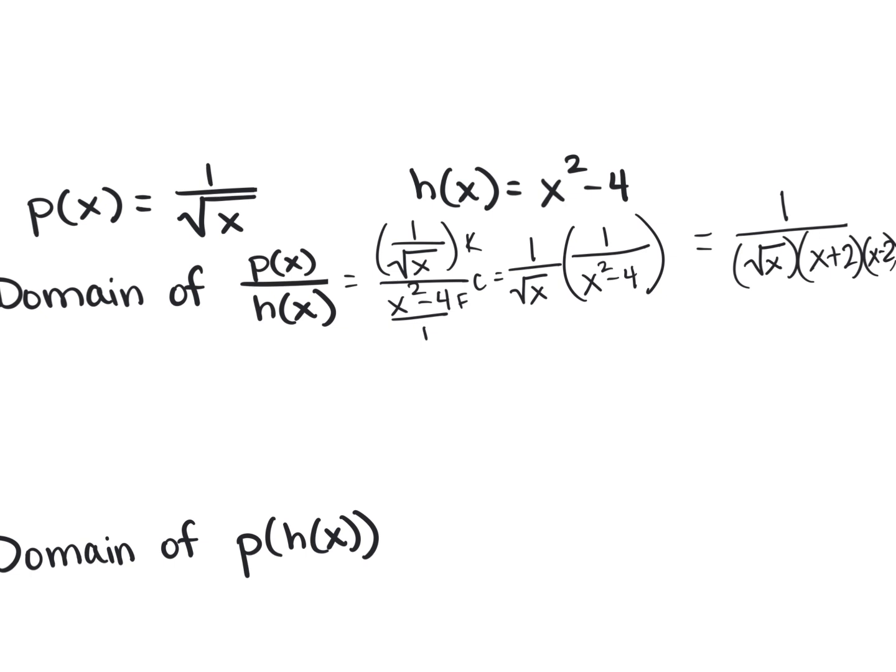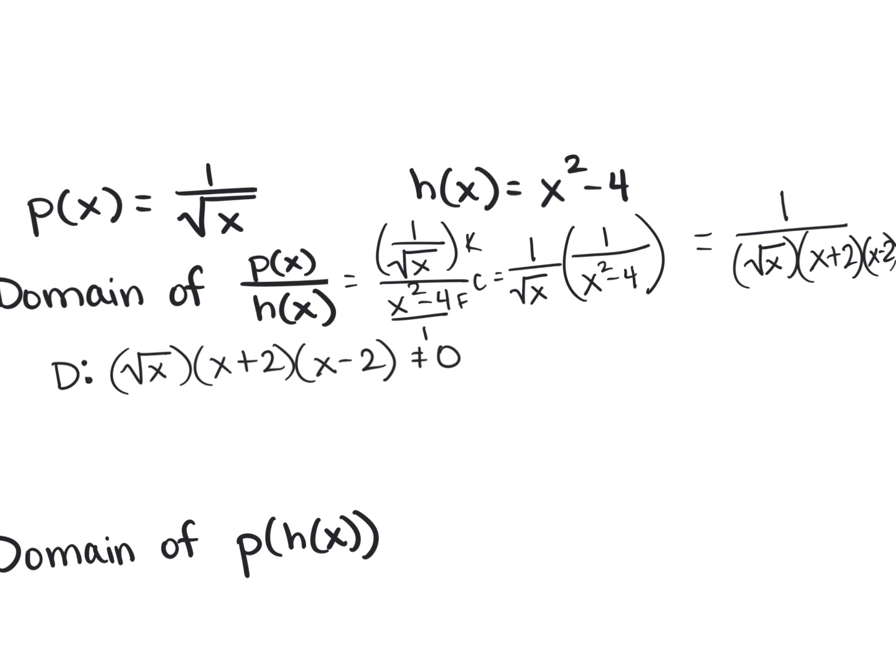So to find the domain of this, I know that my denominator cannot be equal to 0. So I have the square root of x times x plus 2 times x minus 2 cannot be equal to 0. That's for the domain of this division of these two functions.